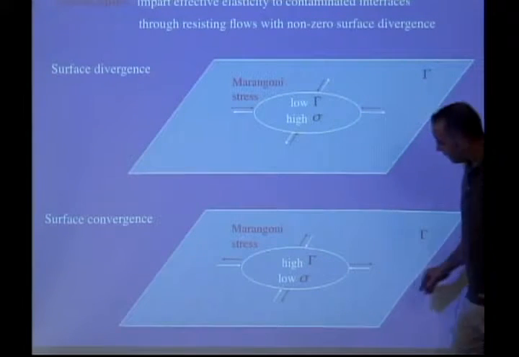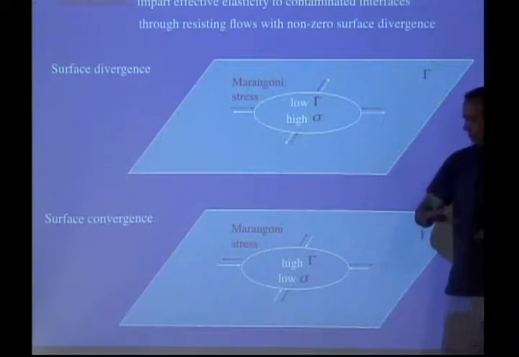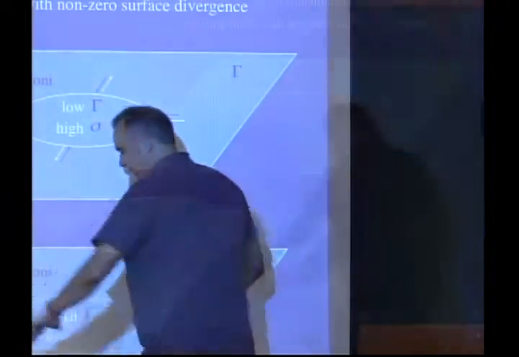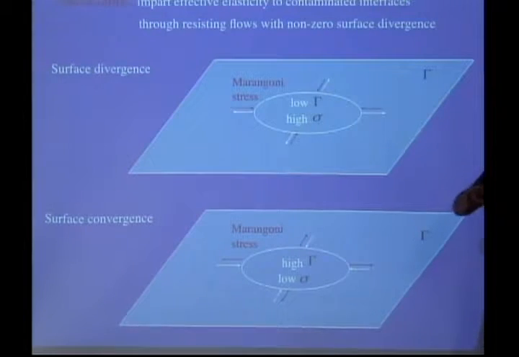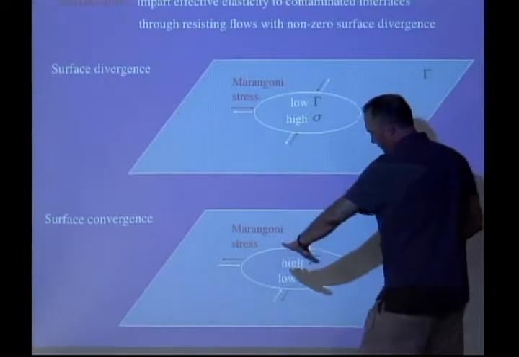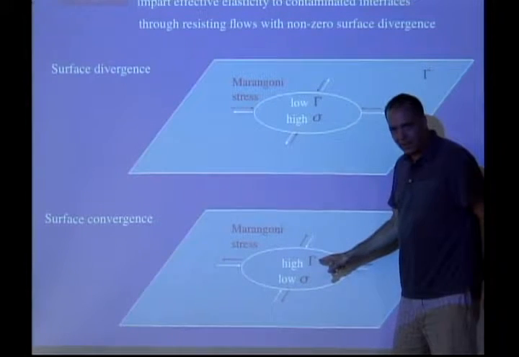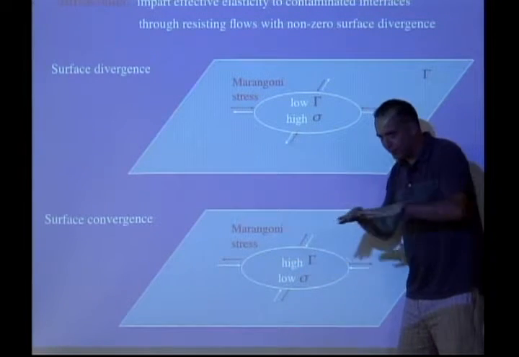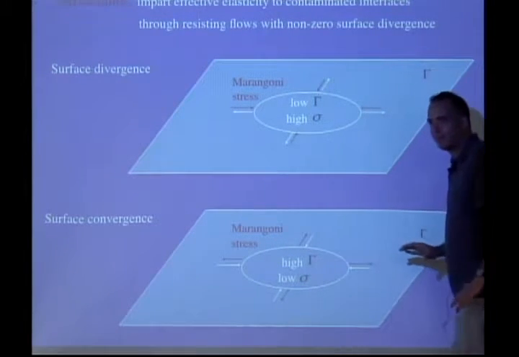So similarly here, if we have a motion characterized by surface convergence, then again, if it's a clean surface, there's nothing at all resisting it because the surface energy is not changing. But now, because of the presence of surfactant, you're basically concentrating, so you can have high surfactant near the point of convergence, which means low surface tension, so this is again going to be resisted. Okay?